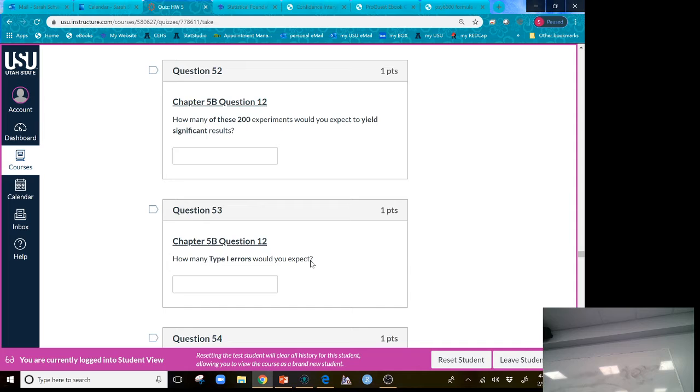How many type 1 errors would you expect? Yeah, it would be the same. Why would it be the same? Because none of them should have been significant, so all the significant results were false significant. So all of those 10 were false positives. So there would have been 10 type 1 errors.